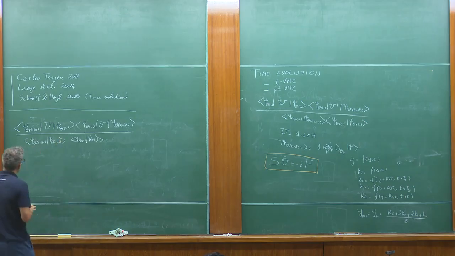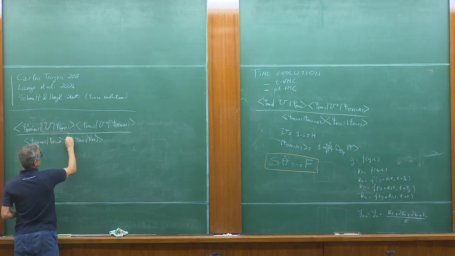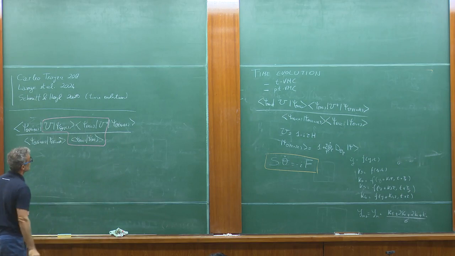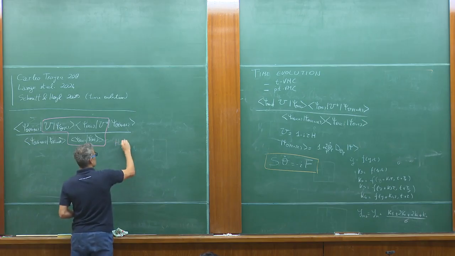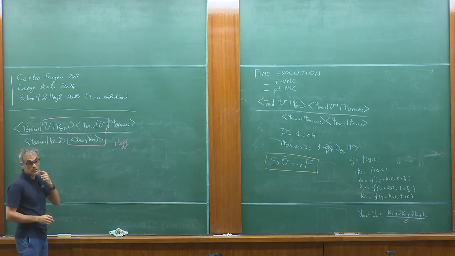Okay, and the idea of this approach is to say that this thing here is like an effective Hamiltonian. Correct? It's Hermitian.